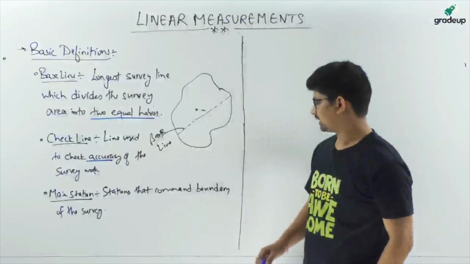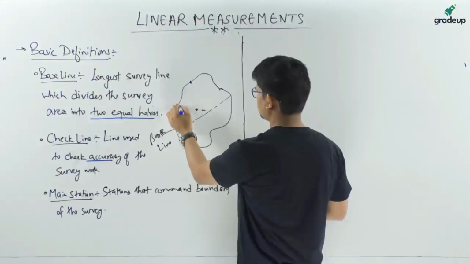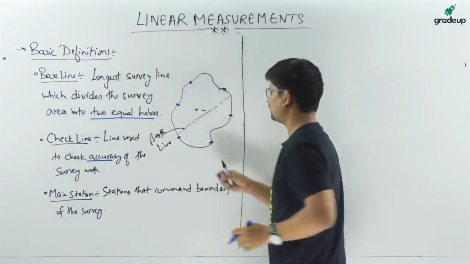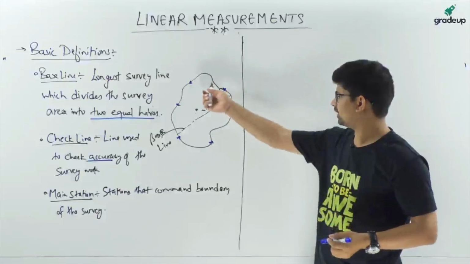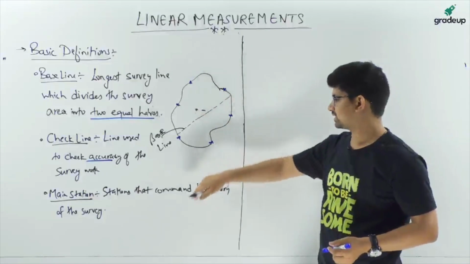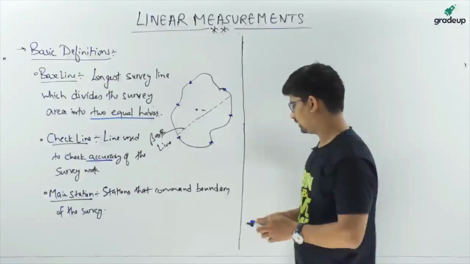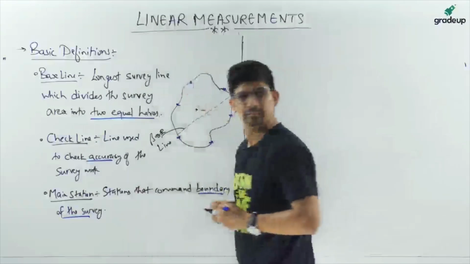Okay, stations that command boundary of the survey. So roughly around these proximities we will take main stations. Okay, so these will be the stations which will be on the periphery, mostly on the periphery. This may be inside, but mostly these stations will be on the periphery. So they command the boundary of the survey. Okay, so boundary of the survey, this word is important here.